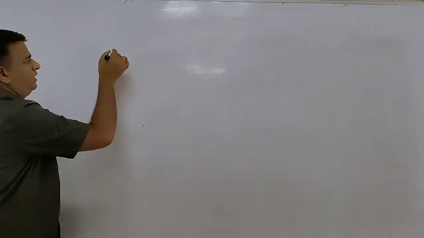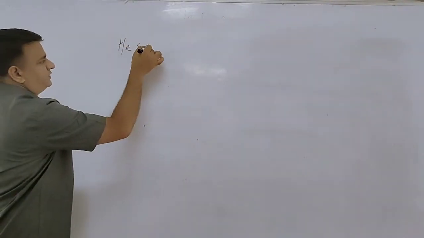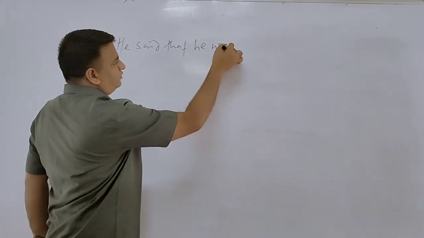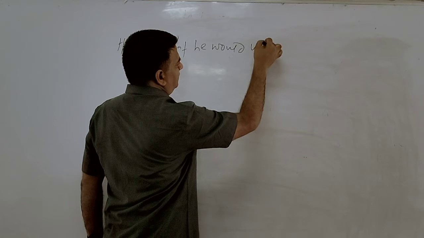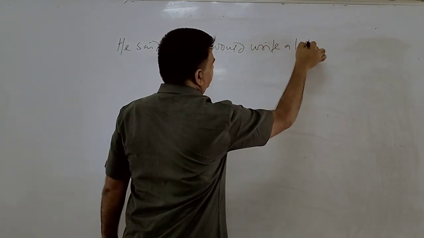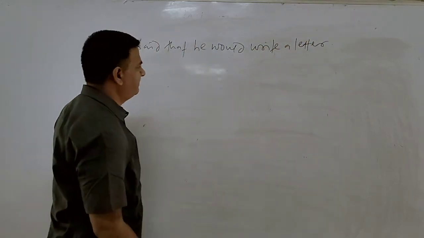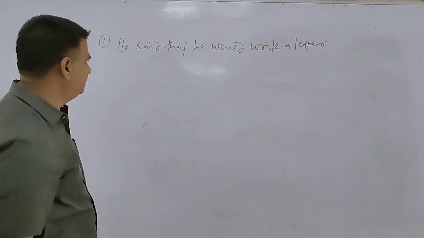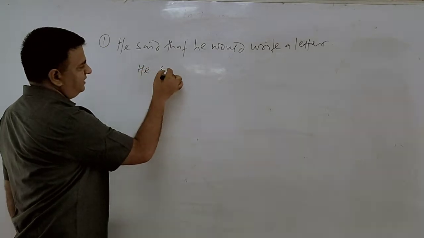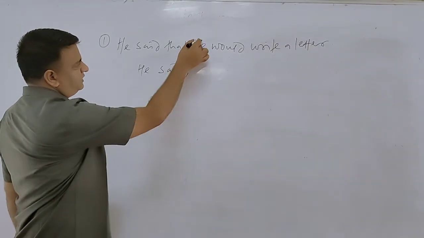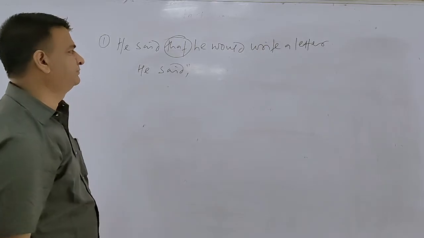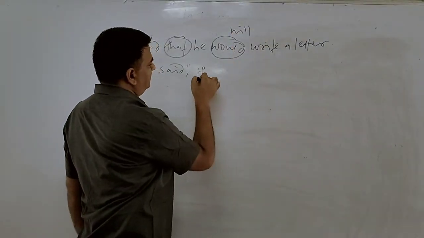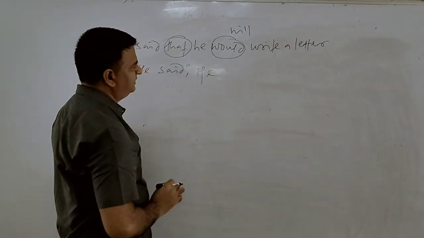For example, he said that he would write early. This is a very simple sentence. How will we convert it into the direct? We simply say he said, comma, inverted comma, remove that. Bring its earlier tense, will.